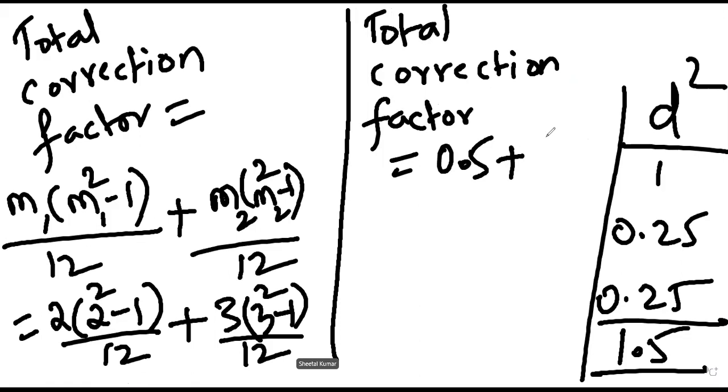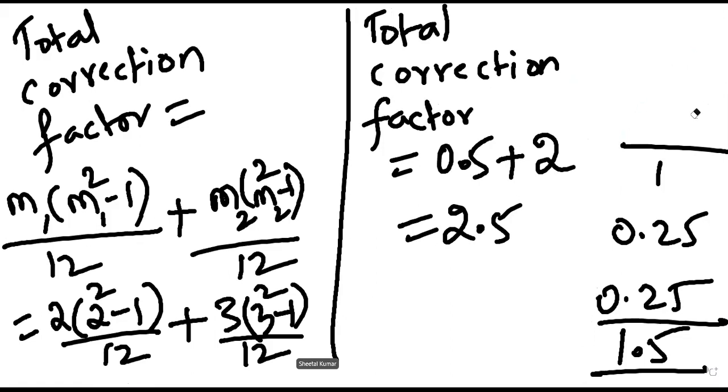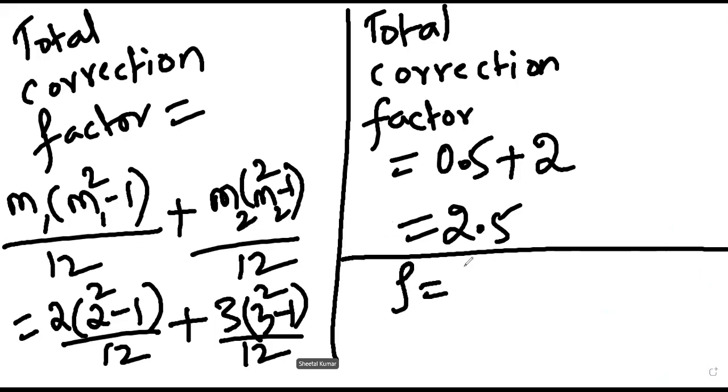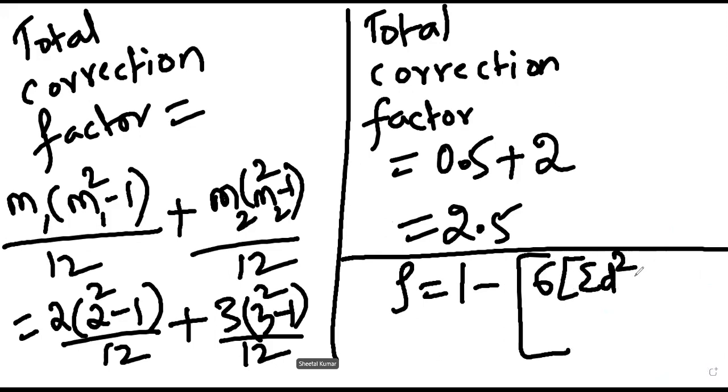When m1 is equal to 3, if the value is getting twice, just calculate and see the answer. Next, once this is done, now the normal formula is to be applied. Rank correlation, 1 minus. Okay, so I'm just making notes.